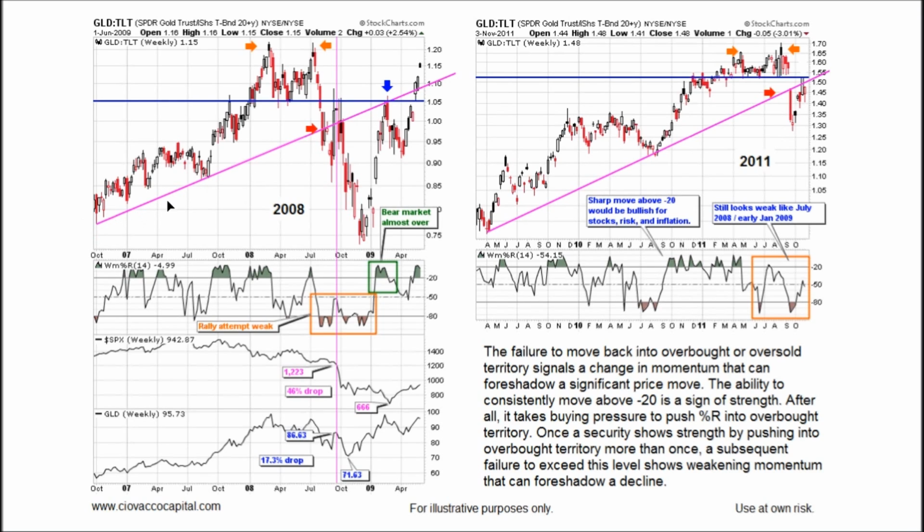Think of this trend line as inflation expectations still increasing, and this is when inflation expectations break down. You'll notice we also broke through an upward sloping trend line of inflation expectations right here in 2011.